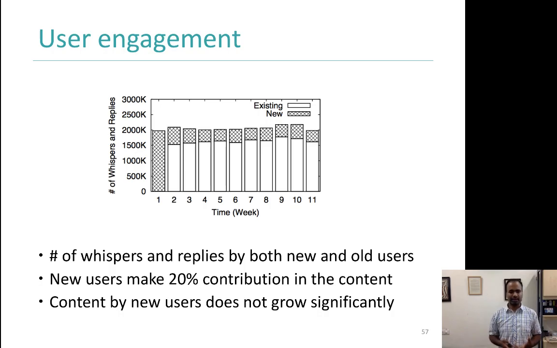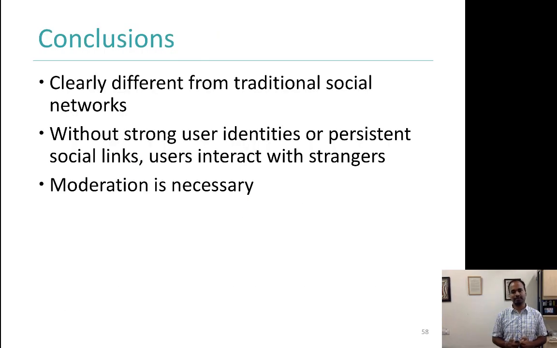This addresses the question that we started off with, which is, do users engage differently in a network like Whisper? The conclusion is clearly different from traditional social networks. We saw that the average path length is different, the clustering coefficient is different, and the deletion is pretty high.